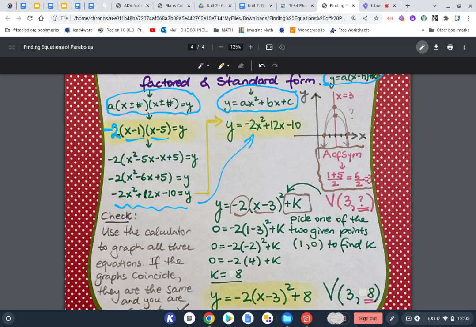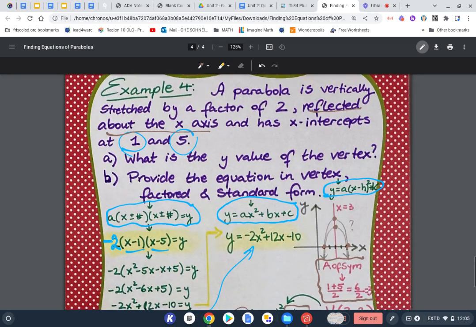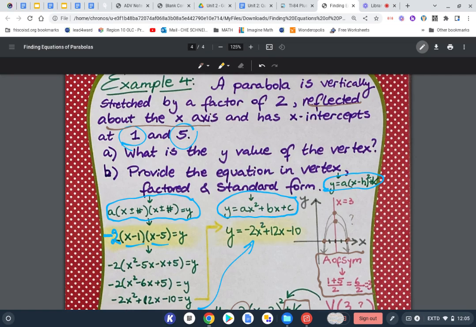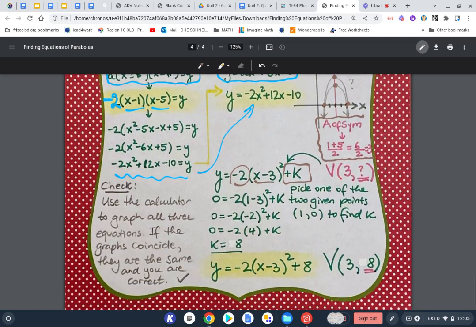Still a problem. Do I have another point to work with? Oh yeah, let's go back. Look. The x-intercepts are at 1 and 5. So that means (1, 0) and (5, 0) will work. So just pick one of them.